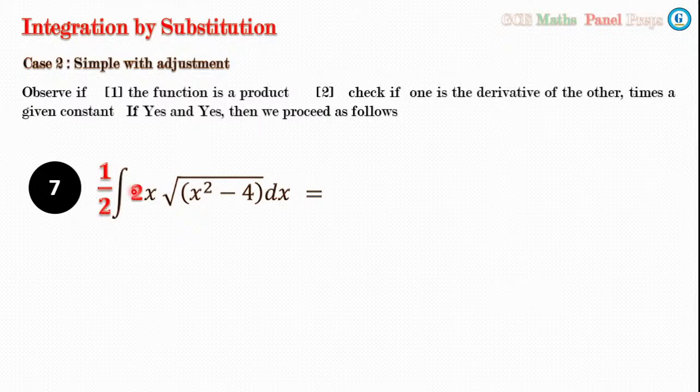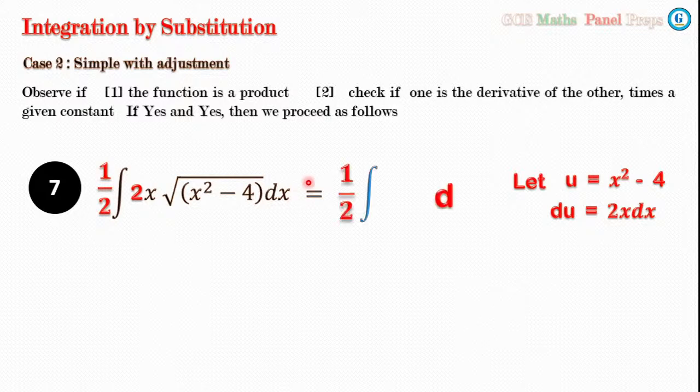Let u be equal to x squared minus 4, and du will be equal to 2x dx. I can now conveniently replace this 2x dx by du, and here we have the integral of u to the power a half.